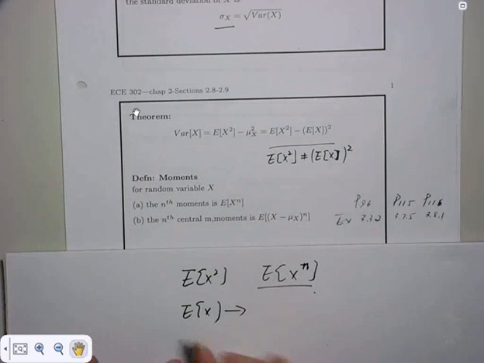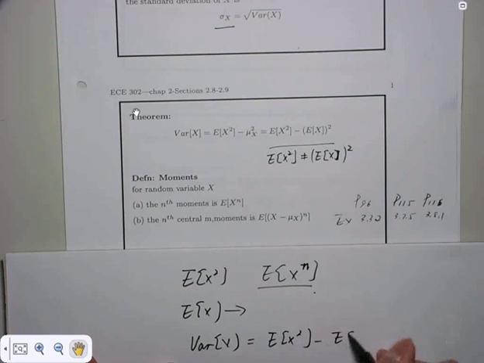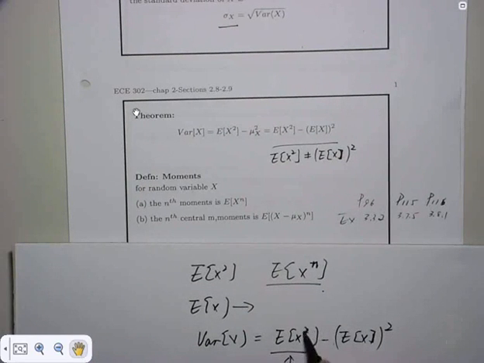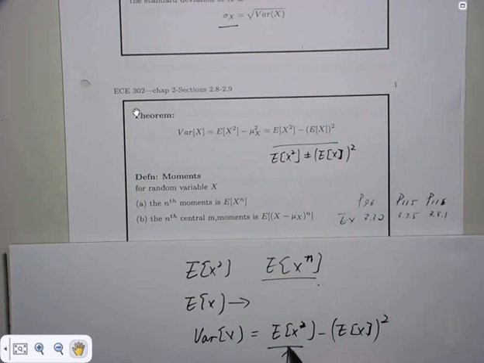So it would be easy to remember the variance of x with this formula again. This power of 2, the second power, is the second moment of x. And this is the square of the first moment. Right? So the variance of x is the second moment minus the square of the first moment.